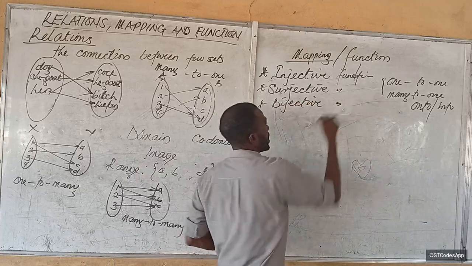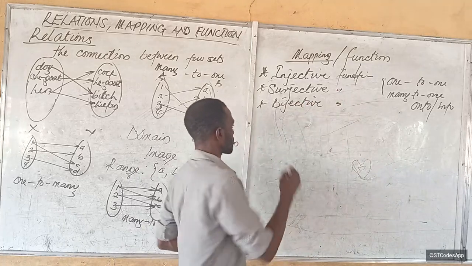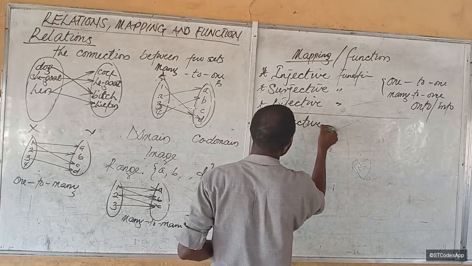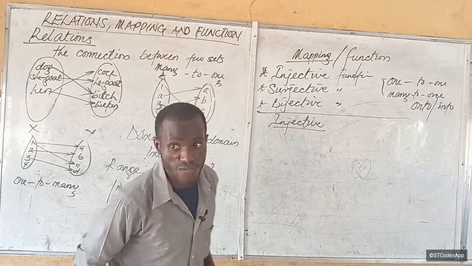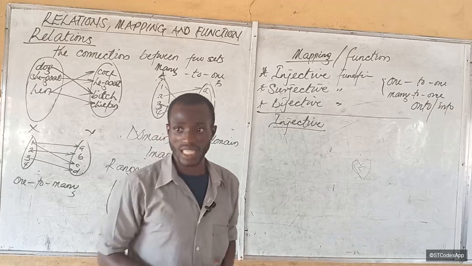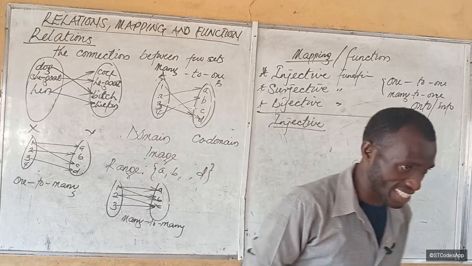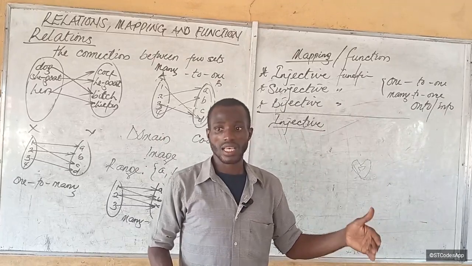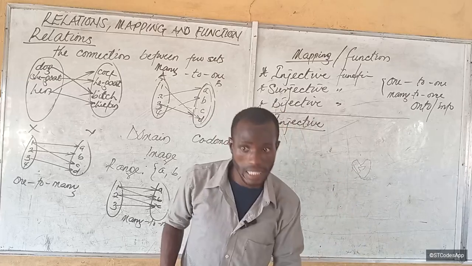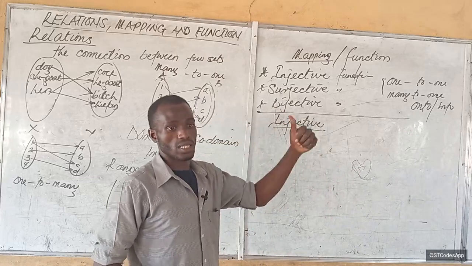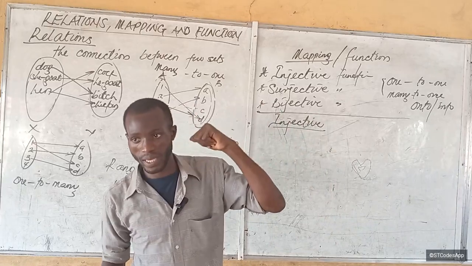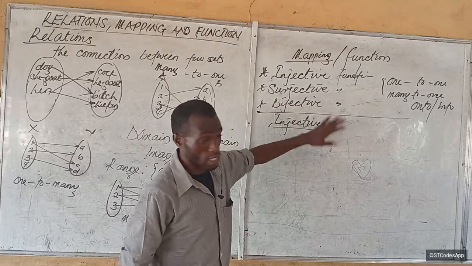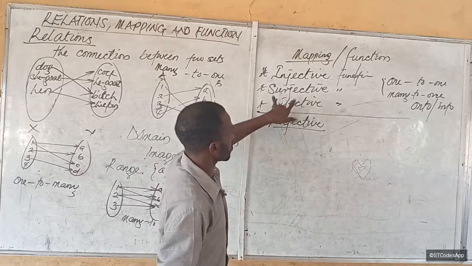Now, when is a function injective? A function is injective if every image in the codomain is mapped to by at most one element from the domain. Is that okay? I'm going to give you examples here. Then when is it surjective?